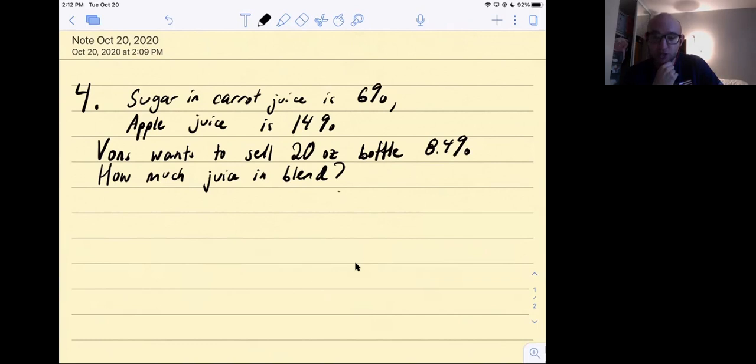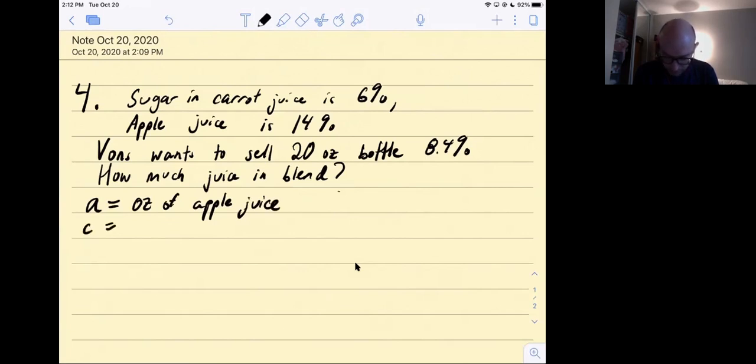For the concentration, by the way, it is a ratio: how much sugar over the overall volume of juice. Nice, Ariana says how many ounces of each. So let's say A is the ounces of apple juice, and C is equal to the ounces of carrot juice.